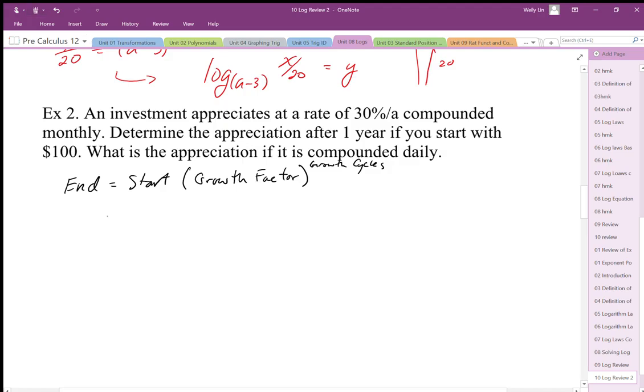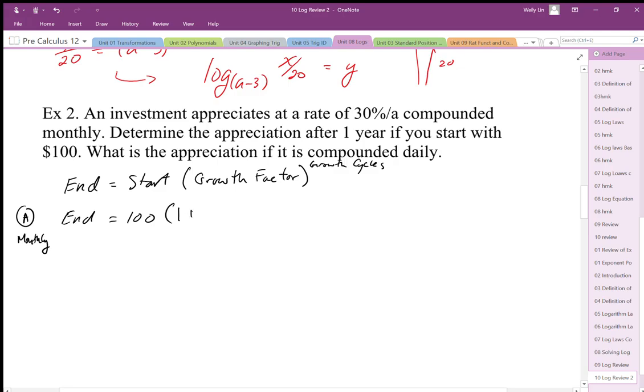So I start with $100. I'm calculating an end amount in this problem. Okay, so we're starting with 100. What's the appreciation? So we're trying to calculate the end. And we're going to do compounded monthly first. So this is part A, monthly. My growth factor, if it's 30% a year, each month I have to do my growth factor for each month.